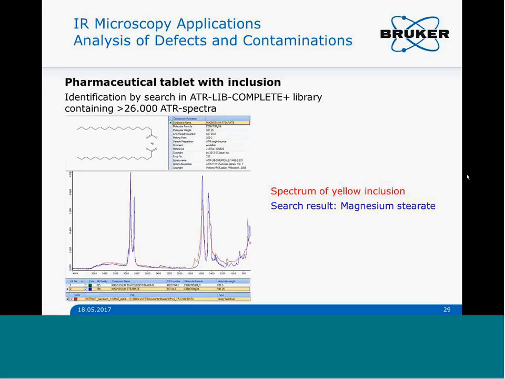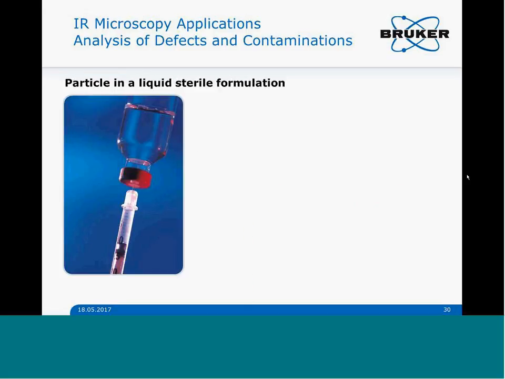We have a library which contains about 26,000 spectra, and obviously we see a very good match: this yellow inclusion spectrum is very close to the spectrum of magnesium stearate. That's information for those who are doing formulation. You need to figure out how this magnesium stearate ended up in one of these tablets.